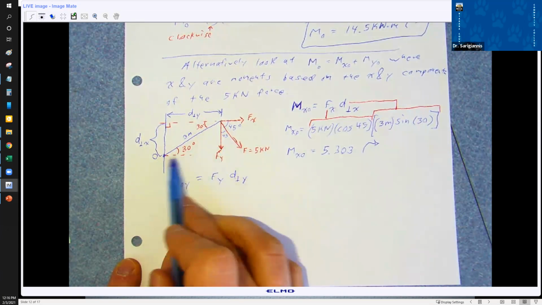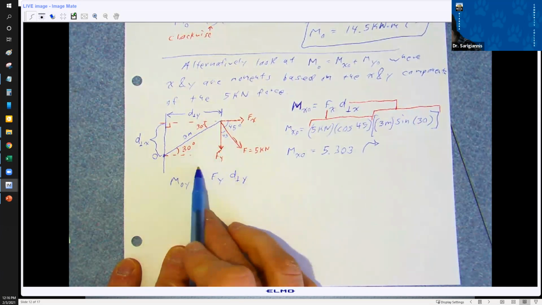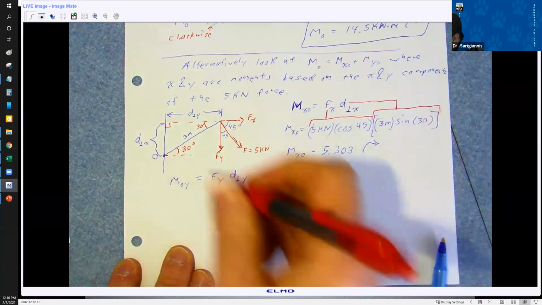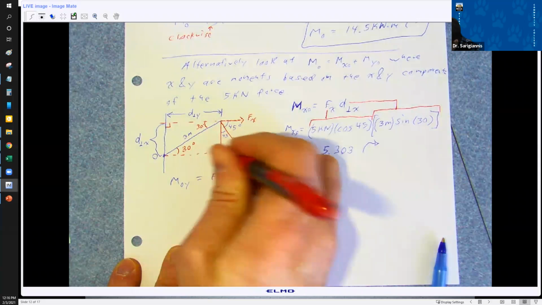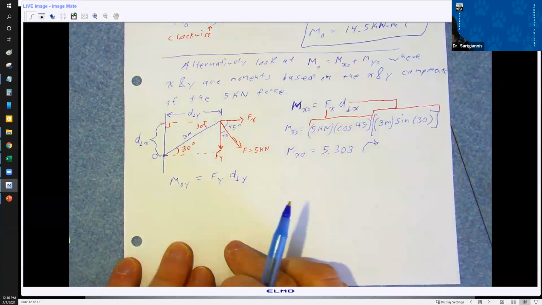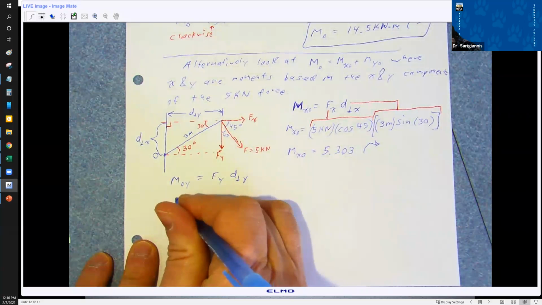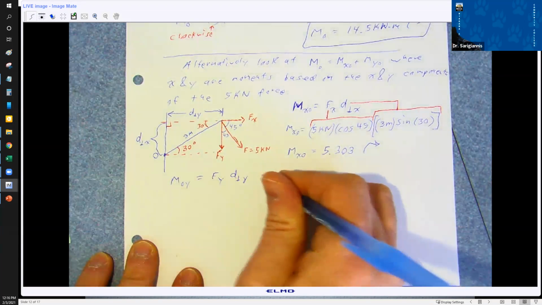That's the distance. I didn't draw it down here just because it's going to get crowded, but that's basically the same distance. All right. So what are these? I'll just continue over here.